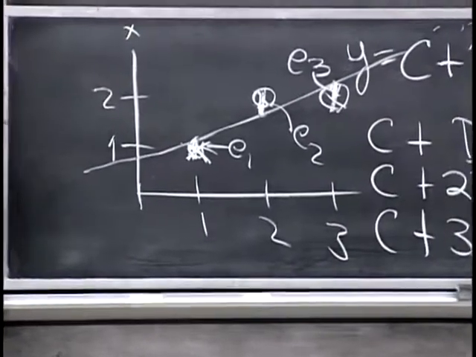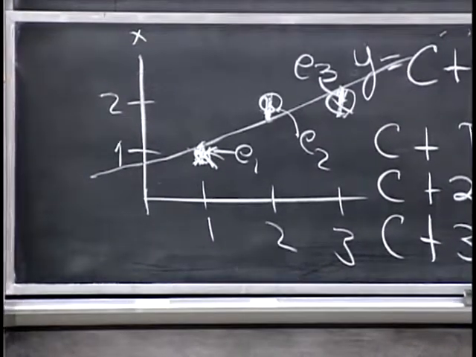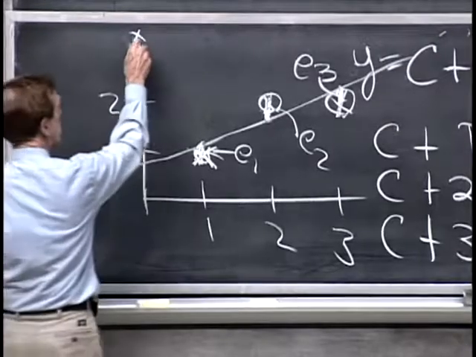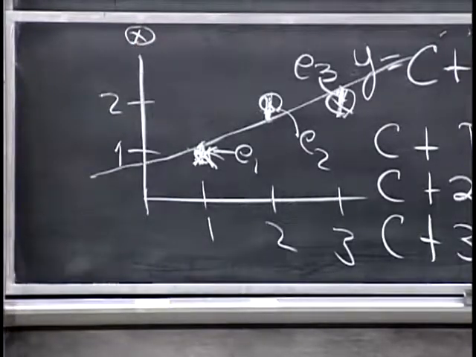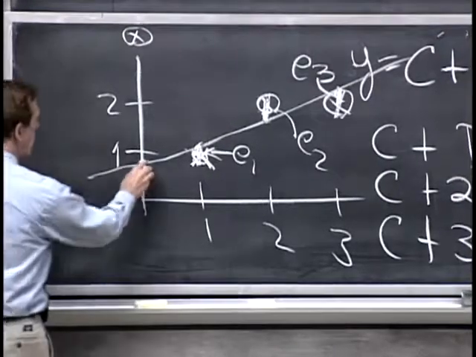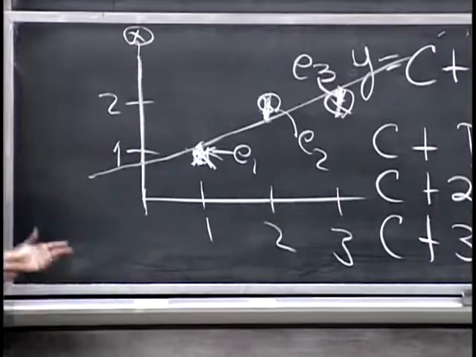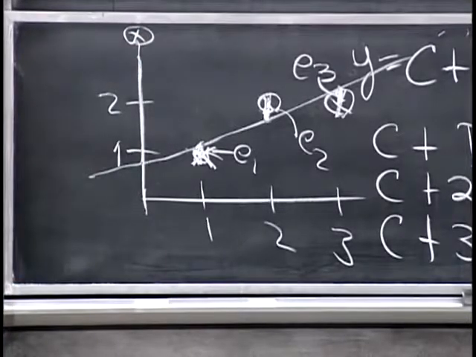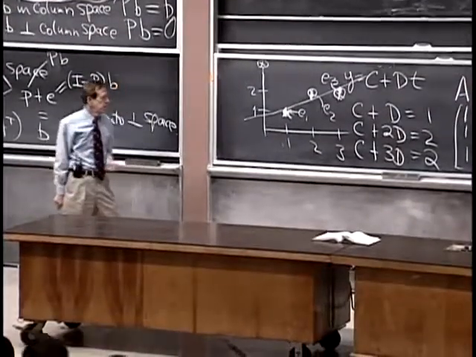Well, would the best line be the same if I had this fourth point? No, certainly that wouldn't be the best line, because that line would have a giant error, and when I squared it, it would be way out of sight compared to the others.